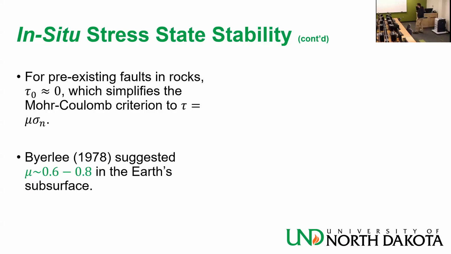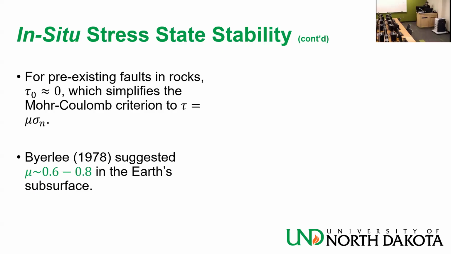And he said in the book that the friction factor of pre-existing faults in rocks is between 0.6 and 0.8, closer to 0.6 than 0.8, which helps us quantify this mu. So we have evidence from somebody who did experiments over 40 years ago.